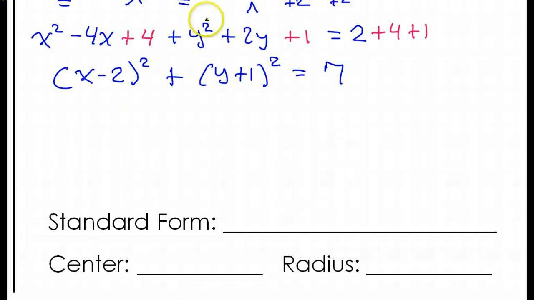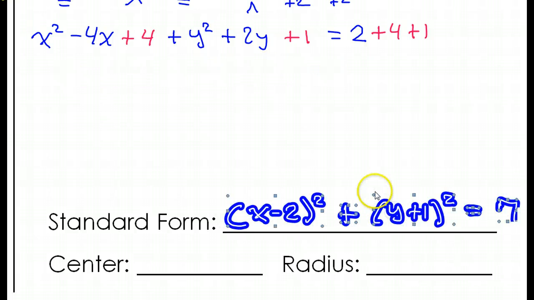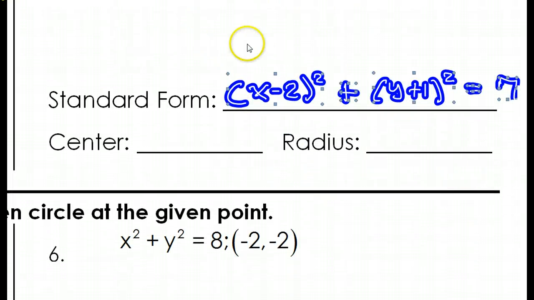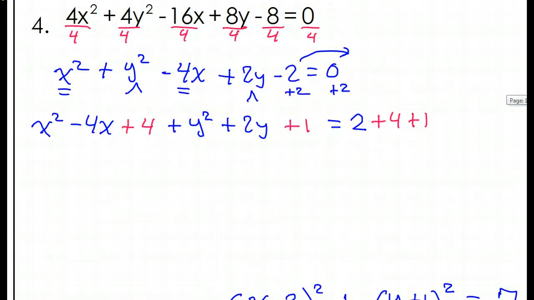Okay, so there is my equation in standard form. Okay, so the center, the opposite of these, so I'm going to have 2 comma negative 1, and my radius will be the square root of 7. All right, that was number 4.